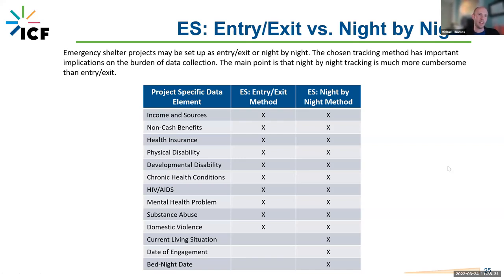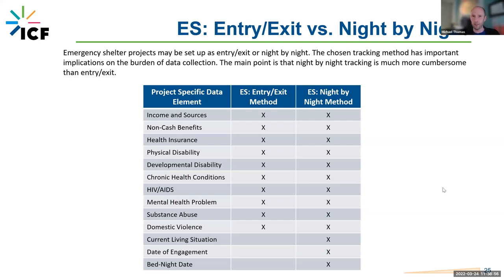And then when we think of date of engagement, that is considered to be the date when an interactive relationship resulted in a deliberate client assessment or beginning of a case plan. So a person can be in and out of a shelter over and over and might not have a date of engagement because they're not actively working on a case plan towards permanent housing. But the day that begins should be recorded in the system as the date of engagement.